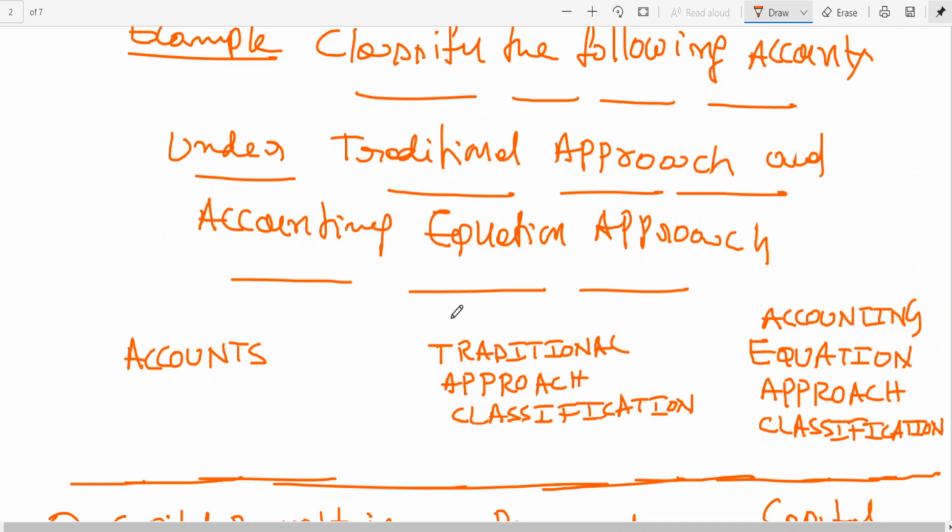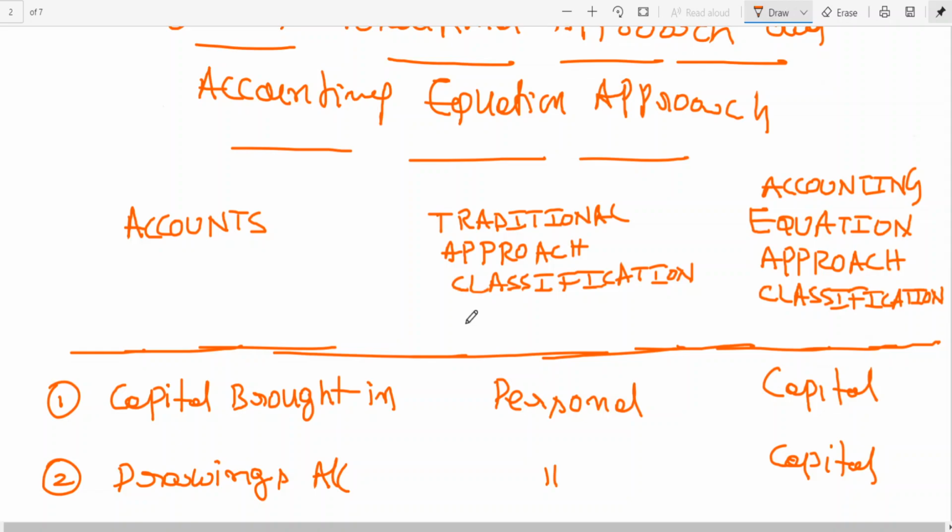Tomorrow's class, I think we'll be able to start the General also, because we'll be learning the rules for 10 to 15 minutes. After learning the rules, we can go for how to record the transactions.